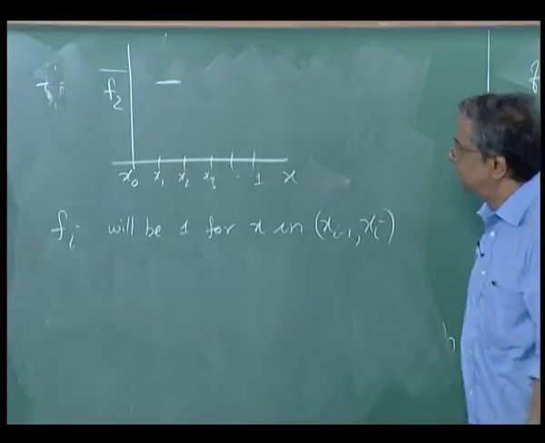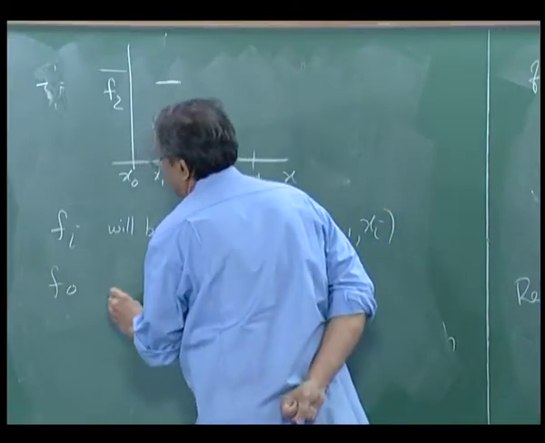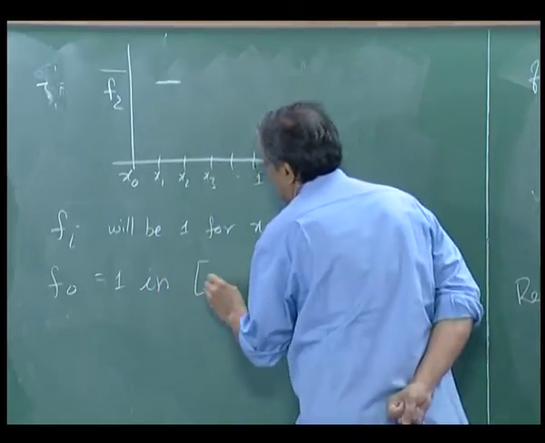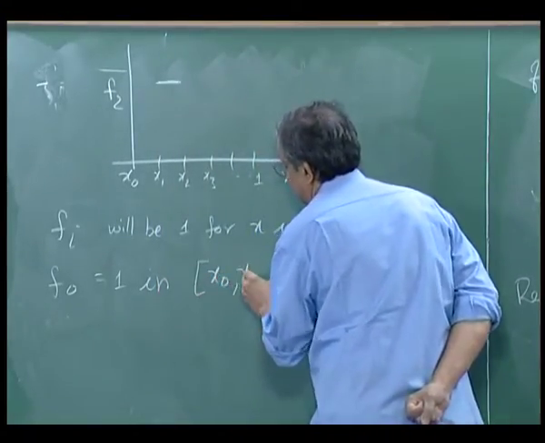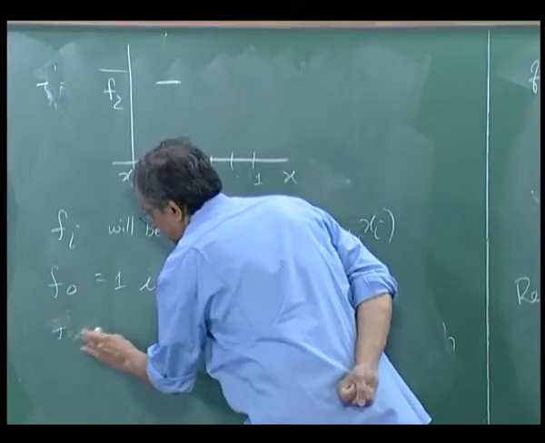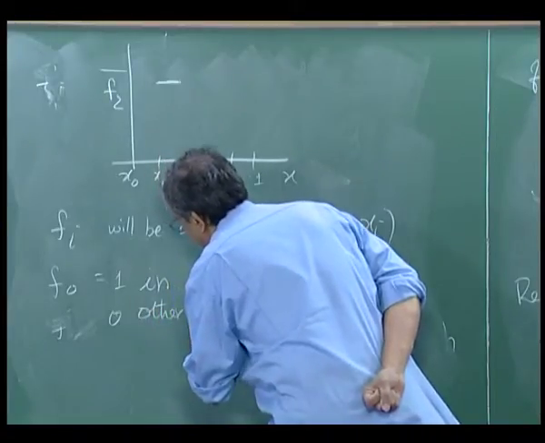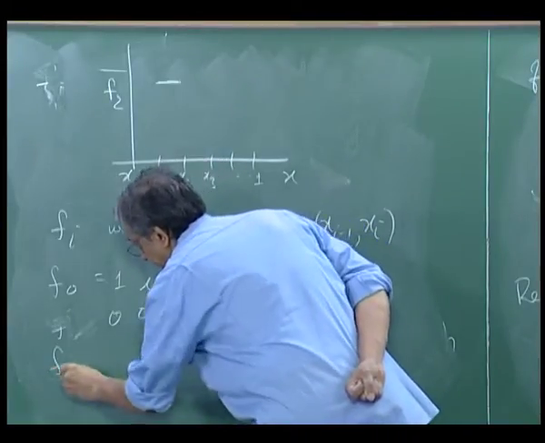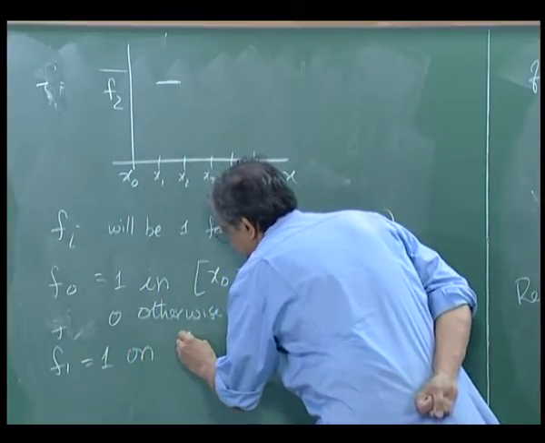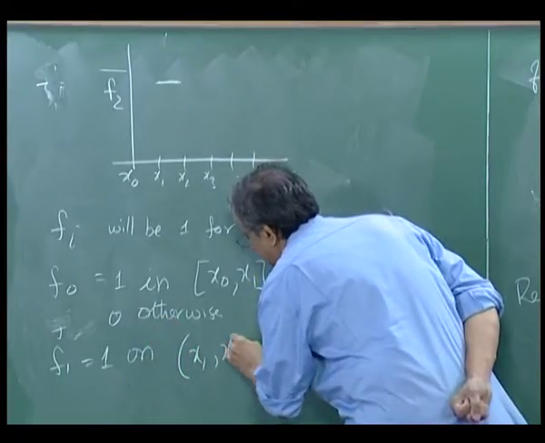I have to be a little more precise about the way I do it. So I will say f0 equals 1 in the closed interval x0 x1, and it is 0 otherwise. f1 equals 1 on the interval open on one side, x1 to x2, closed on the right side.